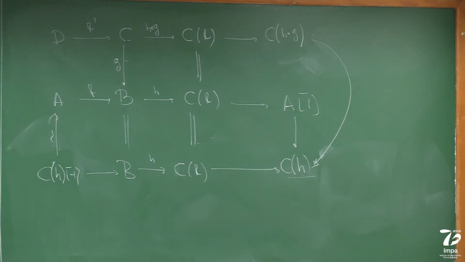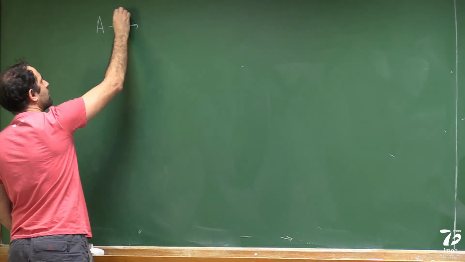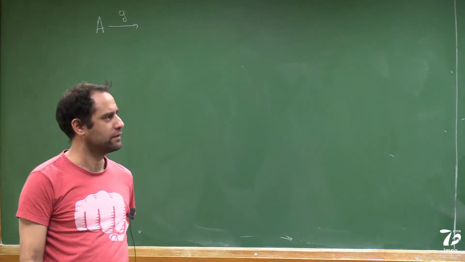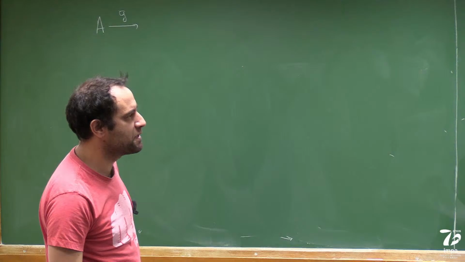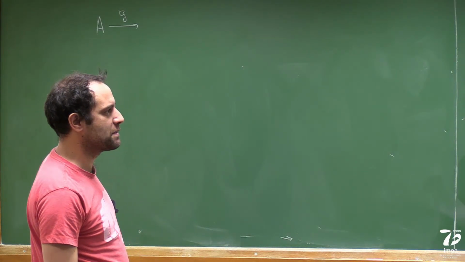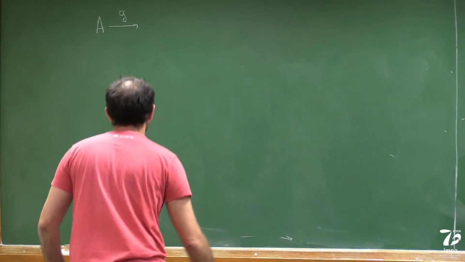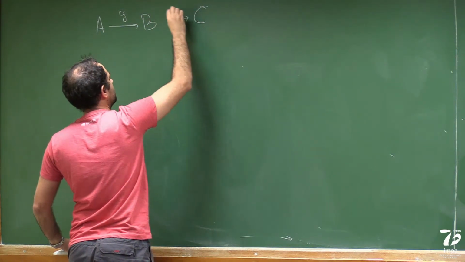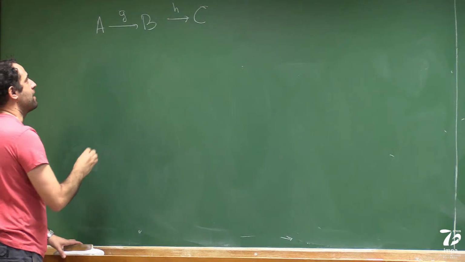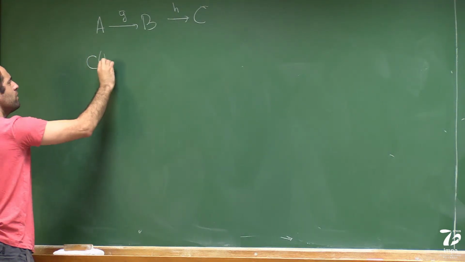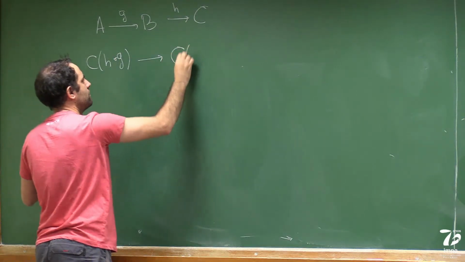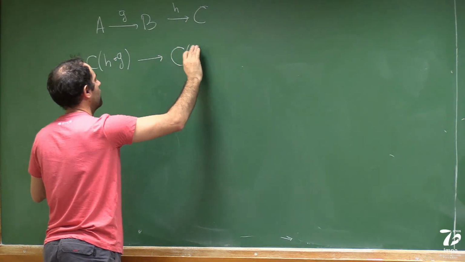If I have complexes and maps like this, I'm composing H after G. The A and B and C are not going to be in the same, but at least I want to compose them in the same order, G first and then H. Then I have the cone of H composed with G, and I have the cone of H.